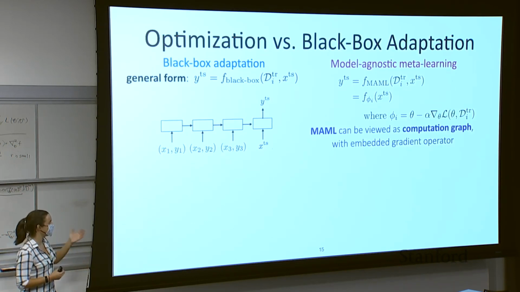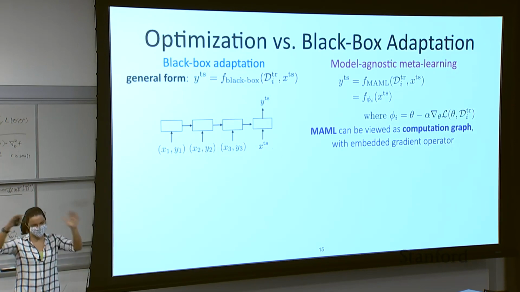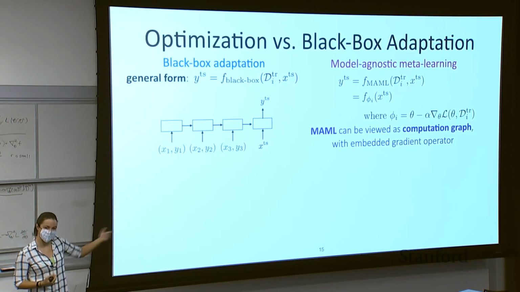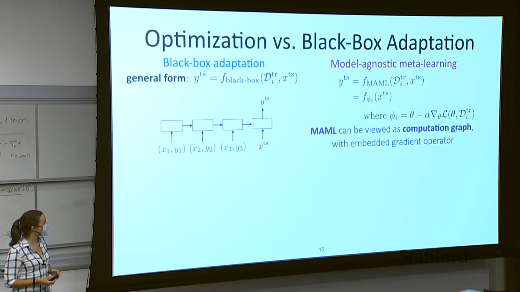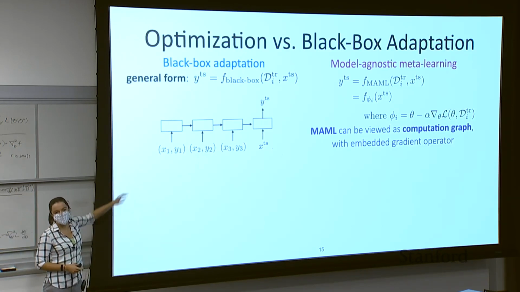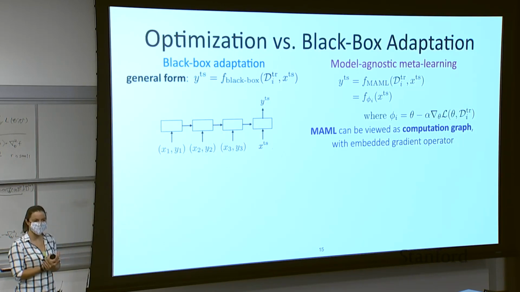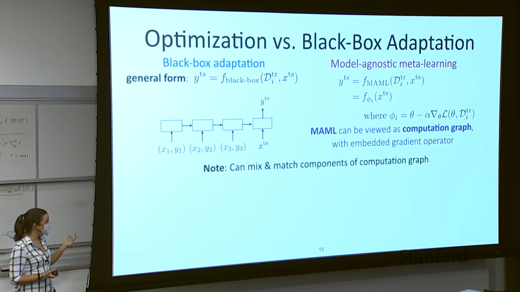So essentially, MAML can be viewed as just a different computation graph that embeds this gradient operator into the computation graph, which is in some ways very similar to the black box approach. We're just building in some more structure about optimization into that learning procedure. It's also worth mentioning that you can mix and match components of these computation graphs.